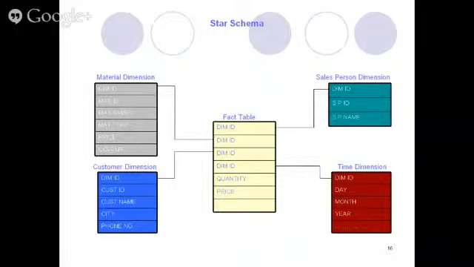Star schema graphically represents a star: the fact table in the middle and the dimensions surrounding it. This is the basis for our BW concept. These are the basics, star schema and snowflake schema, because this is what BW is built on. We are not going to come back to it, but it is important to understand these two concepts.